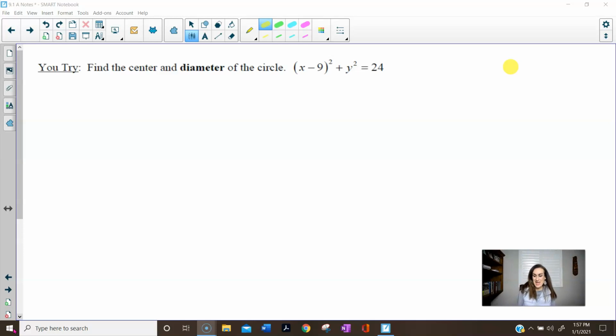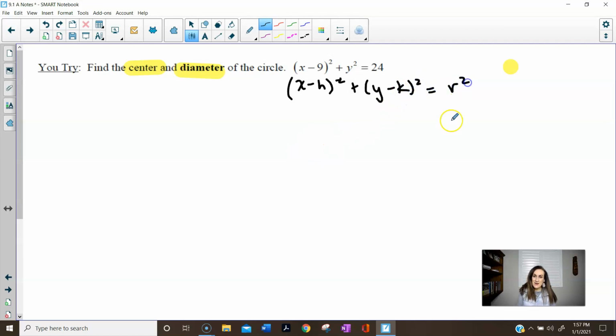So I'll go ahead and do the you try. So I'm supposed to find the diameter, which goes through the center of the circle from edge to edge of the circle, and the center of the circle. So I'm supposed to find those two things. So to find the center, this is going to be x subtract h squared plus y subtract k squared equals r squared.